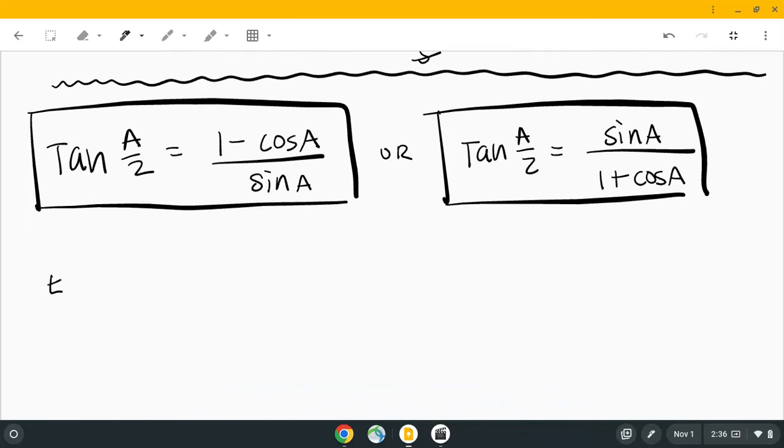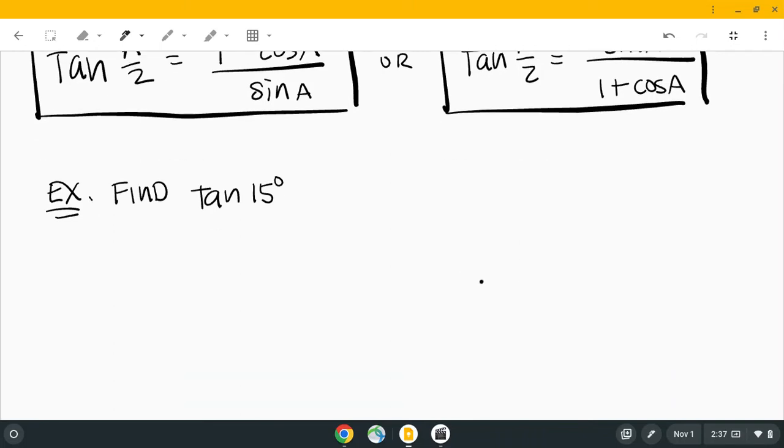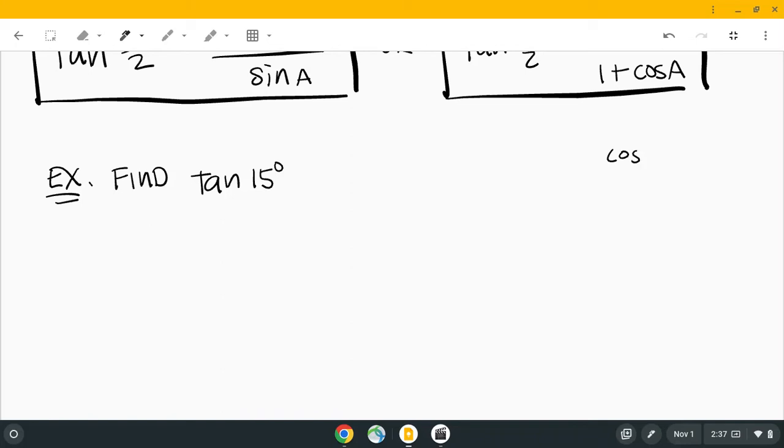So let's do an example where we have to find the tangent of 15 degrees. Just like in the first video when we looked at cosine 75 degrees, we looked at, okay, if I take half of 75, I get 37.5, I think it was. And when I doubled it, I got 150, and we're like, oh, this is the one I want.